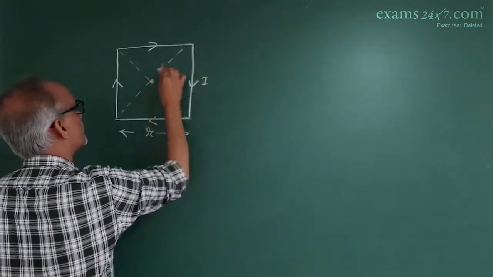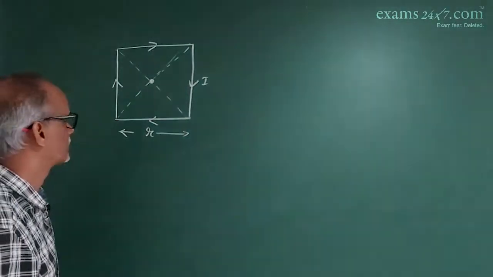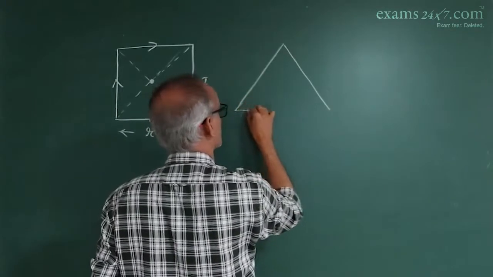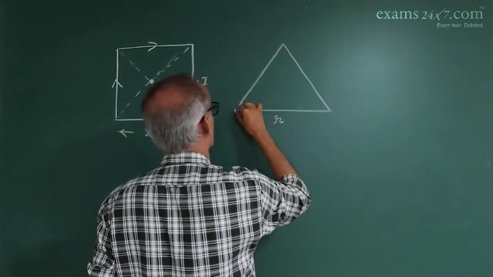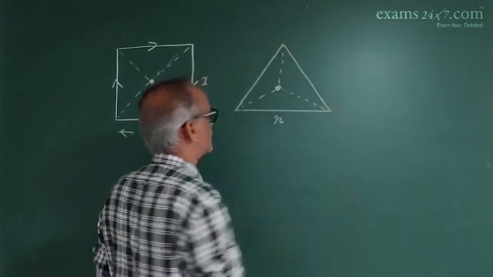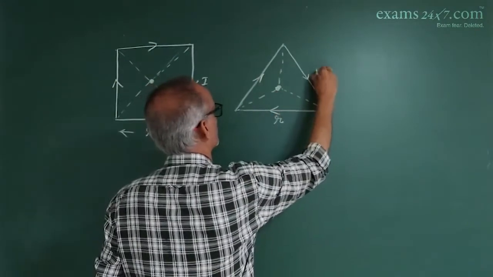So what is the net magnetic field at the center of the square? Then we have a triangle whose side is R, and what is the net magnetic field at the centroid of an equilateral triangle carrying current I?